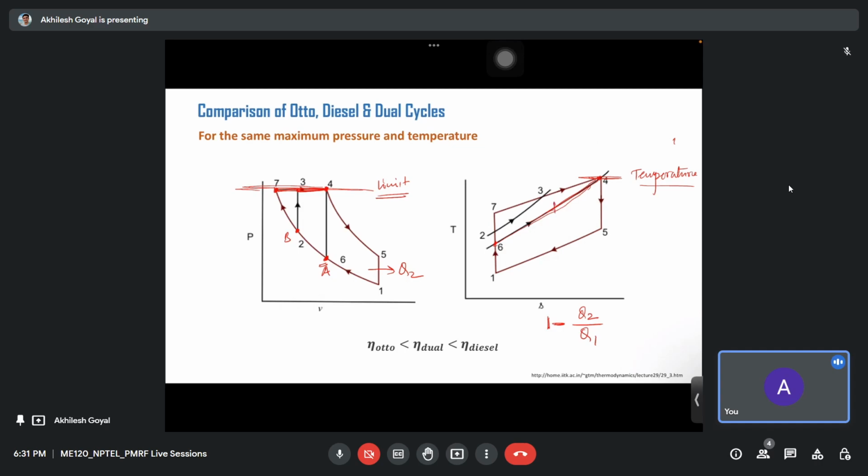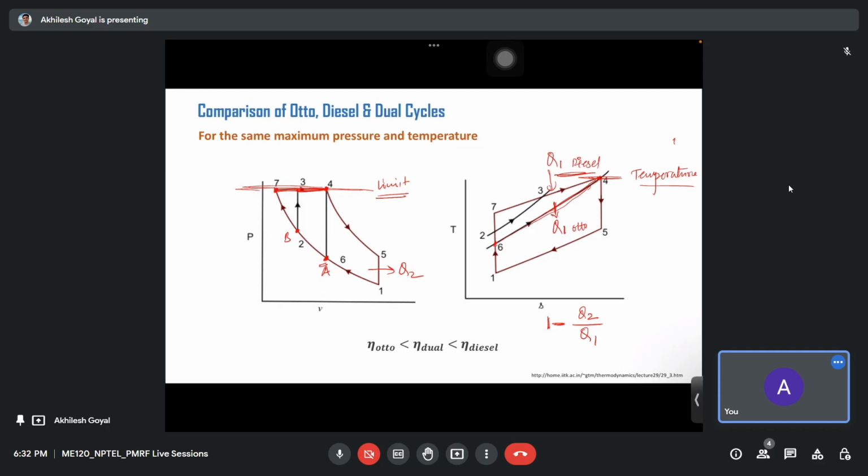So we can say that heat added Q1 for Otto cycle is less than the heat added for diesel cycle. So as the heat added for Otto cycle is less than heat added for diesel cycle, we can say the efficiency of Otto cycle will be less than the efficiency of diesel cycle.